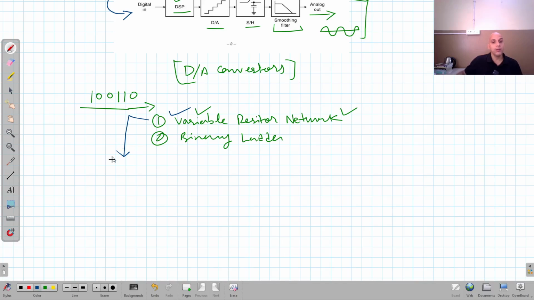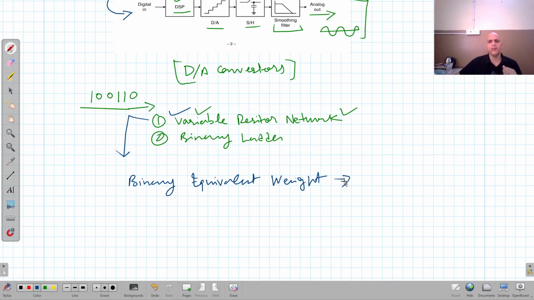So first of all, we have to understand what the binary equivalent bit is. The binary equivalent bit is the bit assigned to each bit in a digital signal.